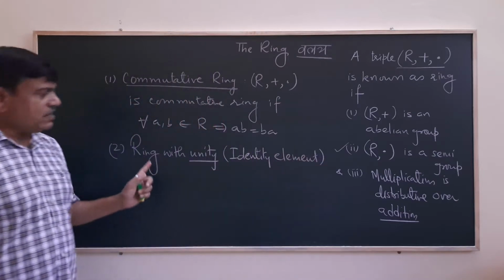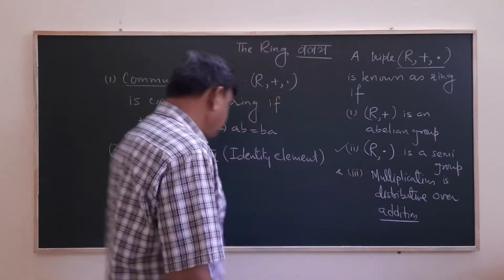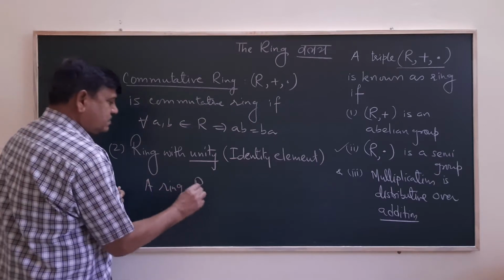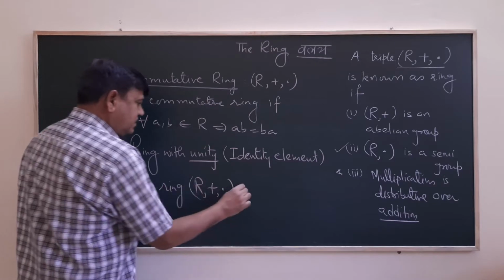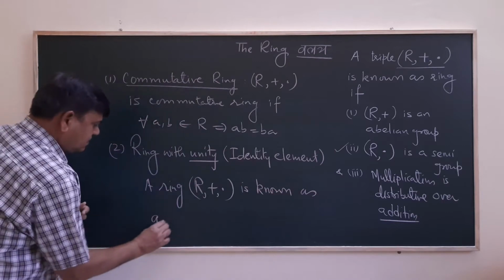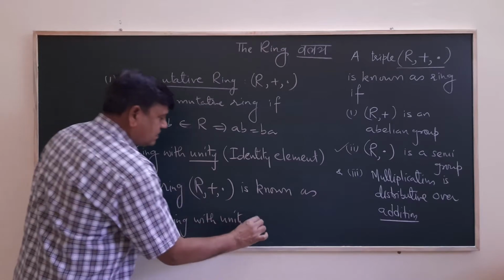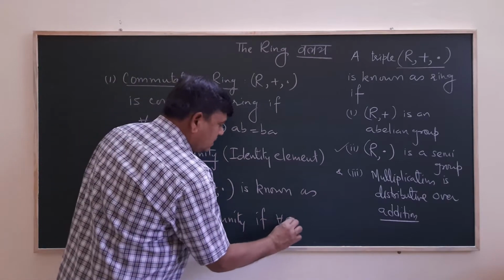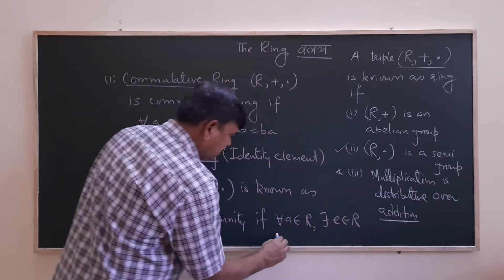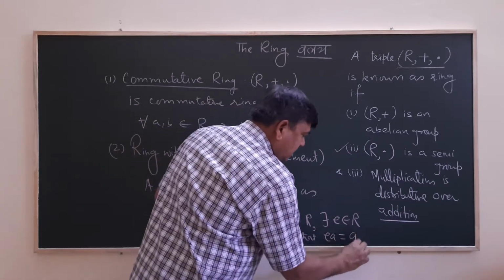So I write, a ring is known as a ring with unity if for all A belongs to R, there exists E belongs to R such that EA equals A equals AE.